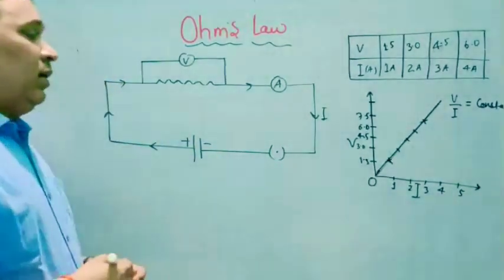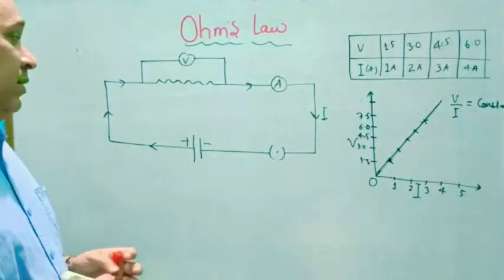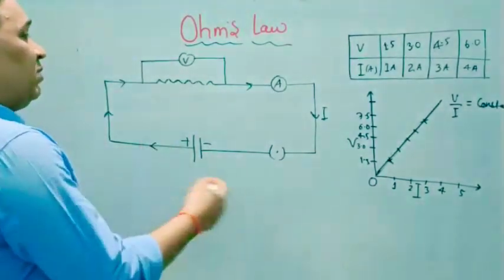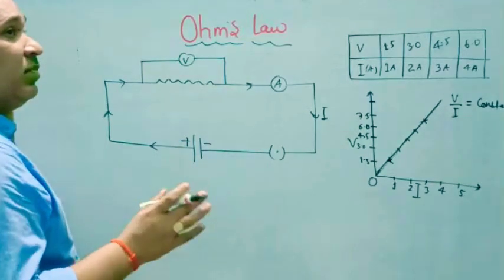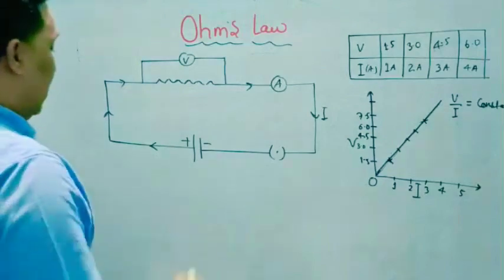And then he concluded that the potential difference is directly proportional to the current and gave us Ohm's law. Remember one thing, that the experiment was carried out at a constant temperature. Temperature was maintained at a constant level.